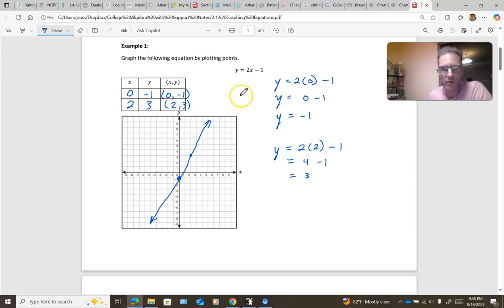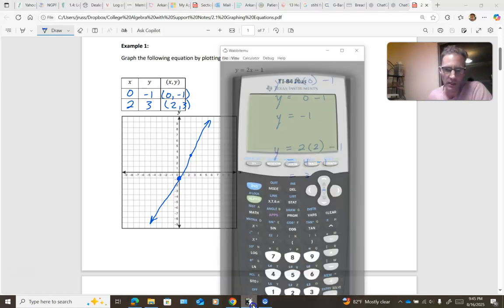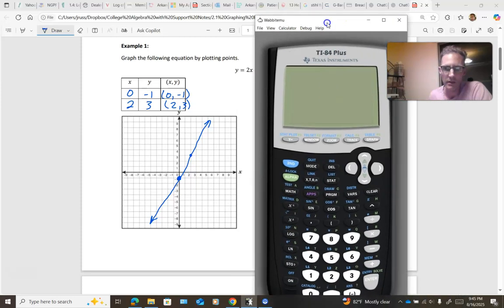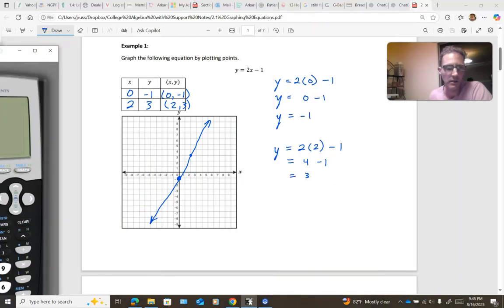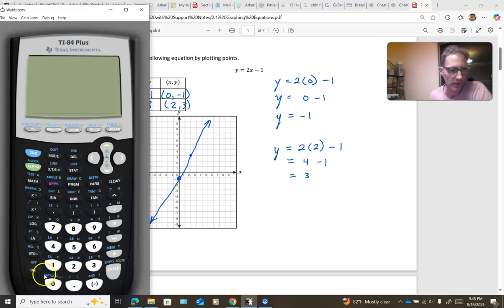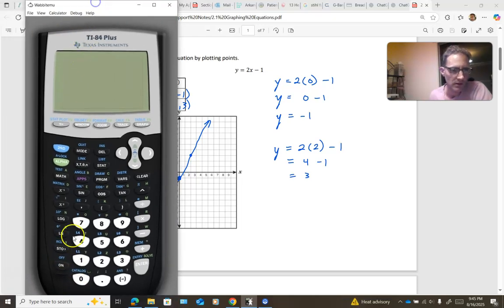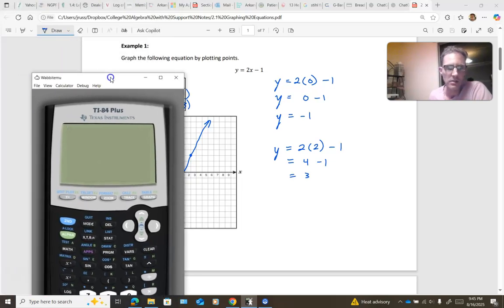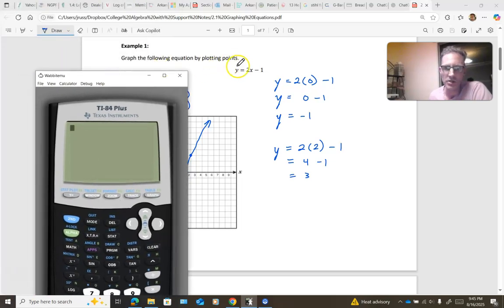Now what I want to do real quick is show you how you can use your calculator to assist you in graphing. And turn it on. Okay. All right, now notice this equation starts off with y equals.